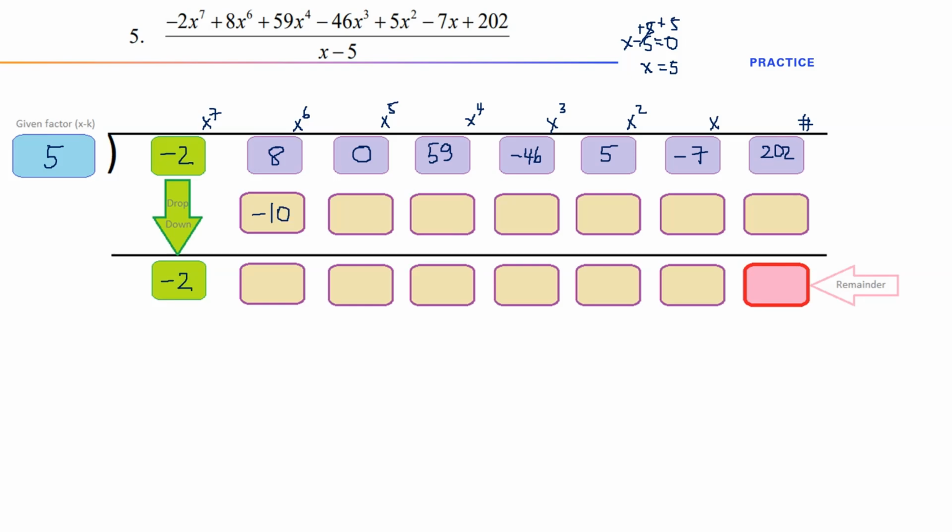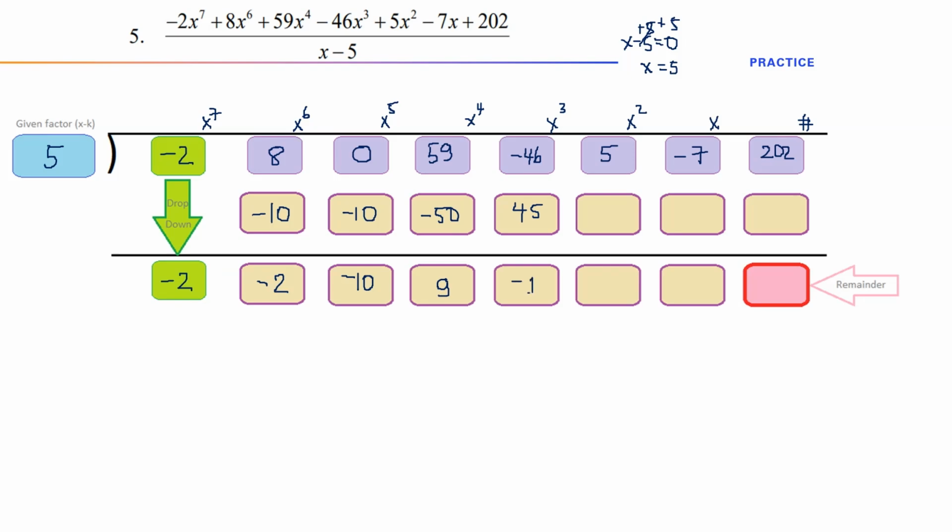We add 8 is minus 2. Negative 2 times 5 is negative 10. Add 0, negative 10. Negative 10 times 5 is negative 50. We add 59. We have 9. 9 times 5 is 45. Now we add negative 46.